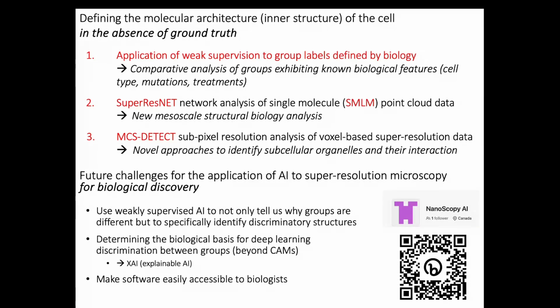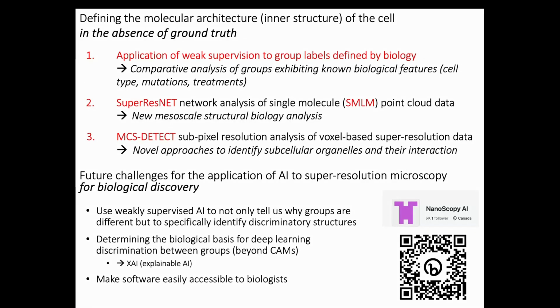In our case, we're using different cell types: transfected cells, cells that express one feature or another, infected cells. But this can apply to pretty much any defined group label for any selected biology. We do a comparative analysis of groups, and we can use machine learning and deep learning to identify features that are typical of one group or the other.